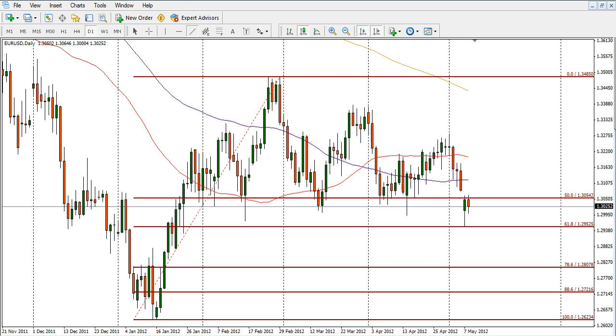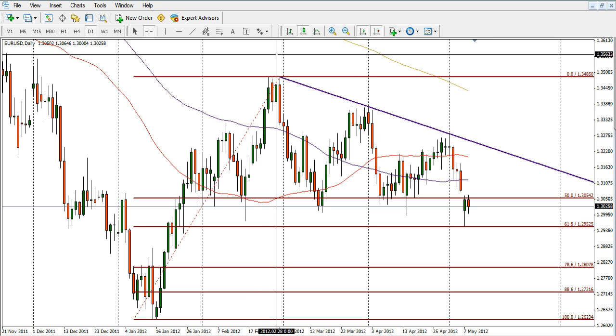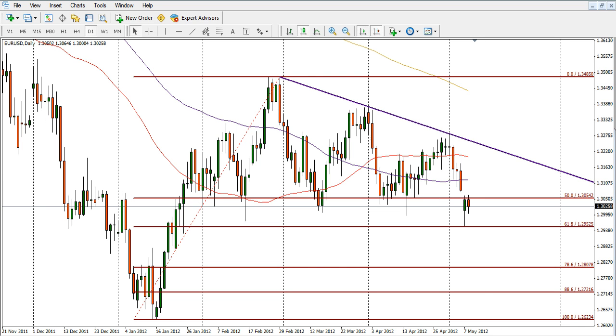Another key thing to look out for on this daily chart is this trendline resistance here. It's been holding very nicely, since the 29th of Feb. So nice trend line there to keep in mind. If we do get any bounce to the upside, then that'll be a key level to have in the charts.